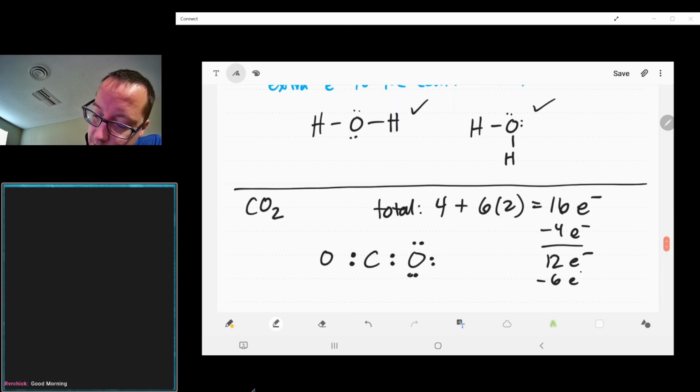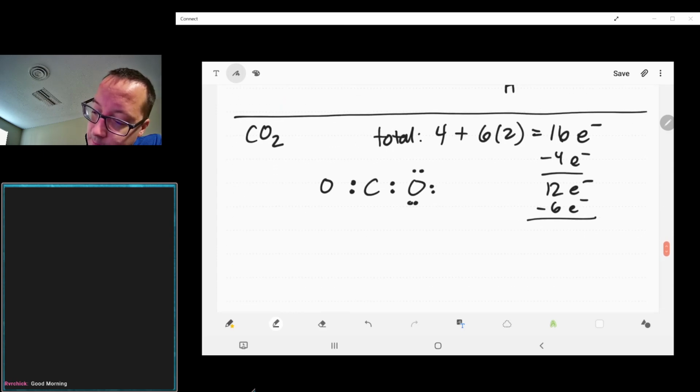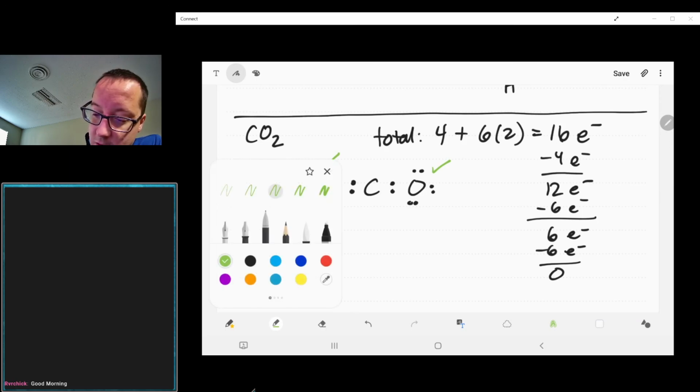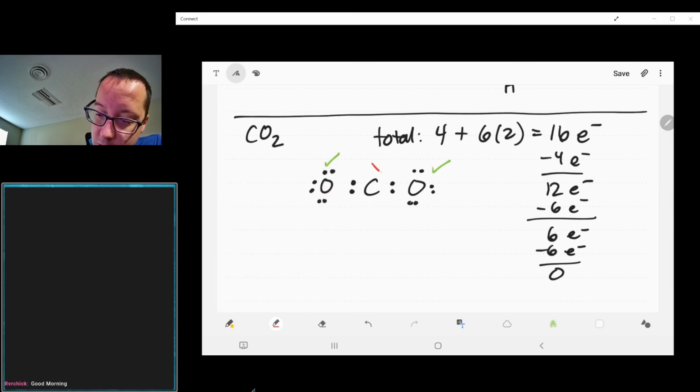We'll use up 6. We have 6 left. We'll go ahead and give it to the other outside atom. We'll use up all our electrons. Let's evaluate. Our oxygens have 8 electrons. They are happy. Oh no!